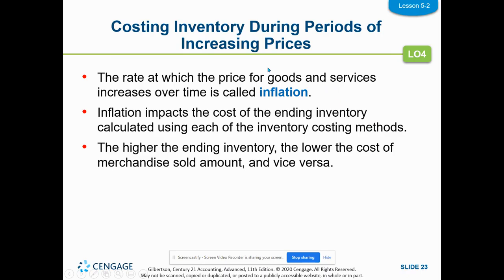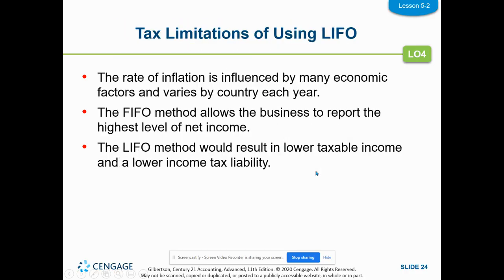So when we talk about prices, we have to talk about inflation, and inflation is just the general increase in prices. So it says inflation impacts the cost of the ending inventory calculated using each of the inventory methods. So the higher the ending inventory, the lower the cost of merchandise sold, and vice versa. So it says the rate of inflation is influenced by many economic factors. So starting into economics here. So it says FIFO method allows the business to report the highest level of income.